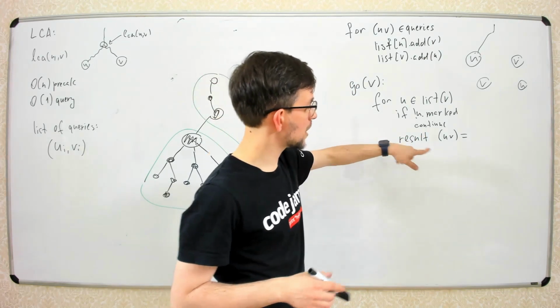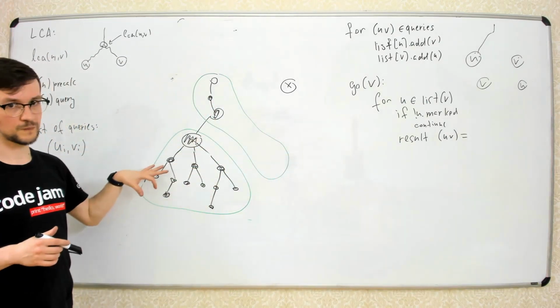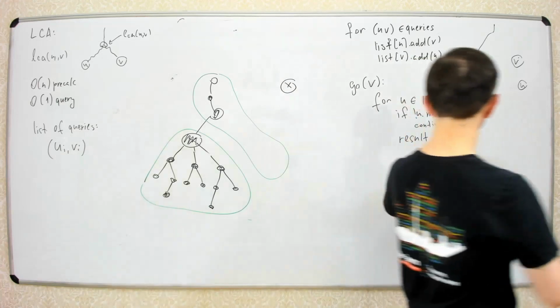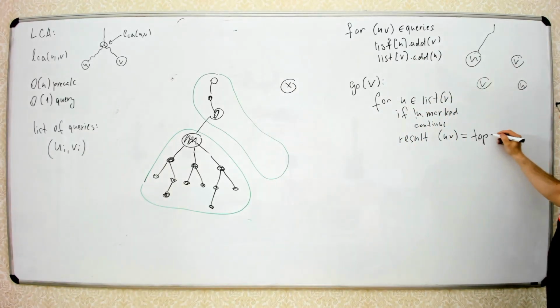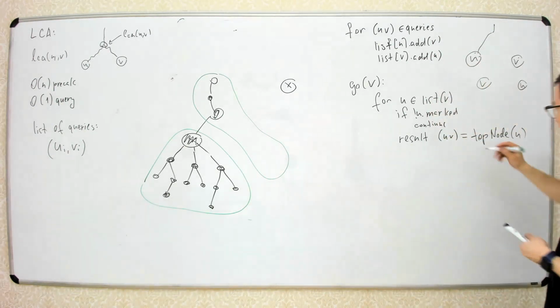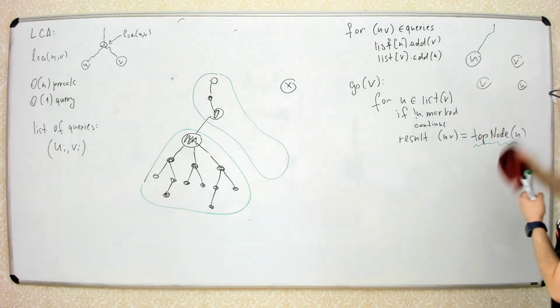The result of this query will be the top node of the set which contains node u, like this. So this operation simply takes the top node in the set.